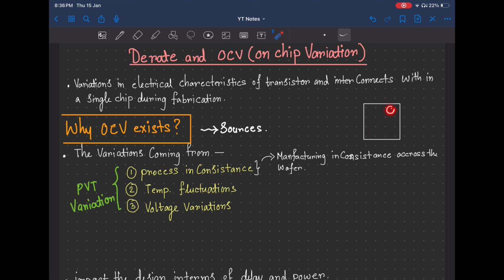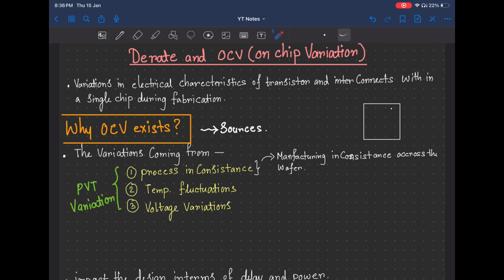Maybe this corner is getting less because of fabrication inconsistency, and this corner may get a slightly different channel length and a slightly different oxide thickness. Those things can happen. So this is the process variation.